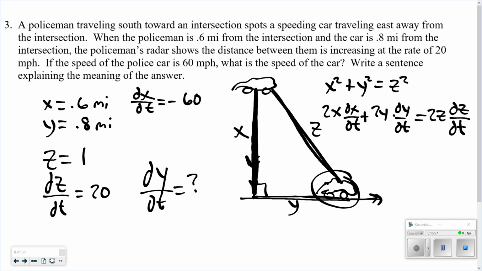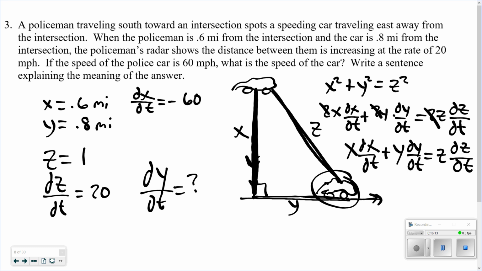By the way, I could divide it all by 2. In fact, I'm going to do that. I'm going to divide those 2's on both sides. So I'd end up with x dx/dt plus y dy/dt equals z dz/dt.